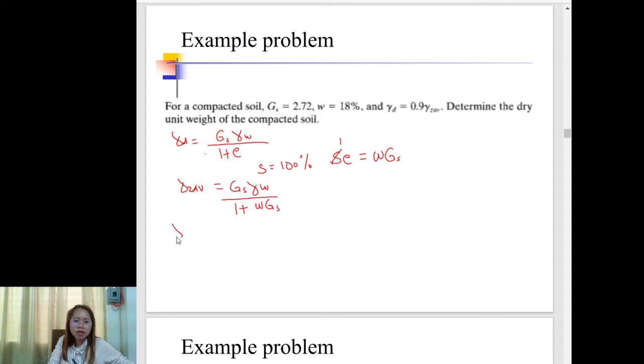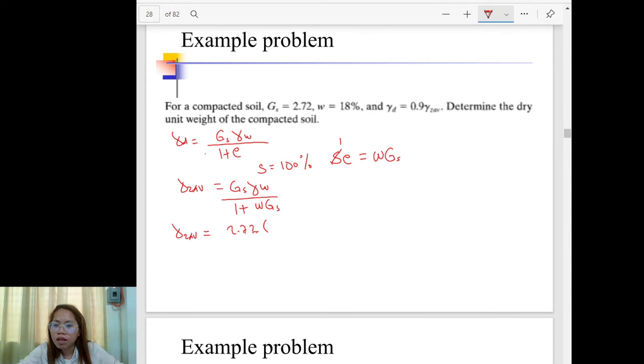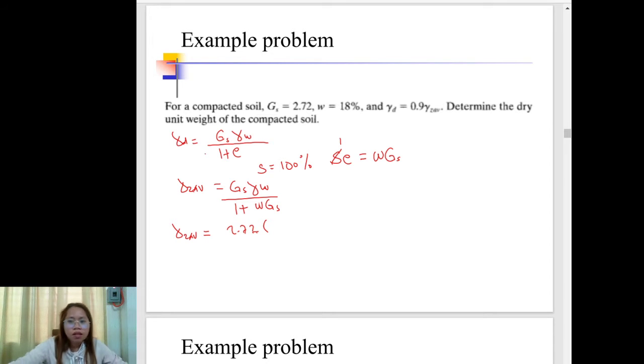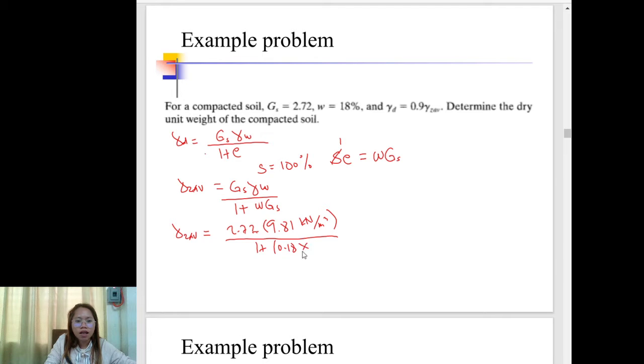First, obtain the zero air void unit weight, which is equal to 2.72 times the unit weight of water, which is given as 9.81 kilonewton per cubic meter, over 1 plus the moisture content 0.18 times 2.72.